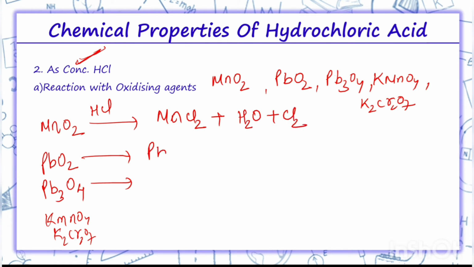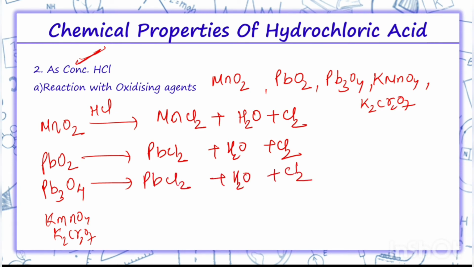If Pb is there, it will form PbCl2 plus water plus Cl2. Again, if tri-lead tetraoxide is there, the product formed will be the same, PbCl2 plus H2O plus Cl2. What I mean to say is the powerful oxidizing agents oxidize concentrated HCl and liberate chlorine gas.